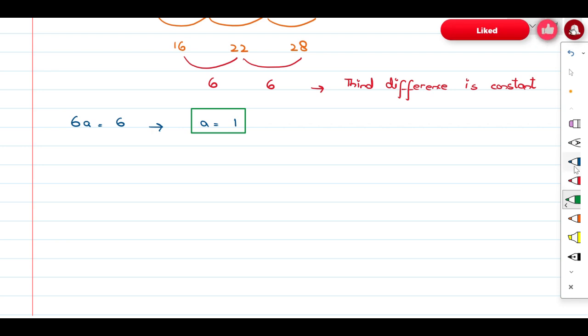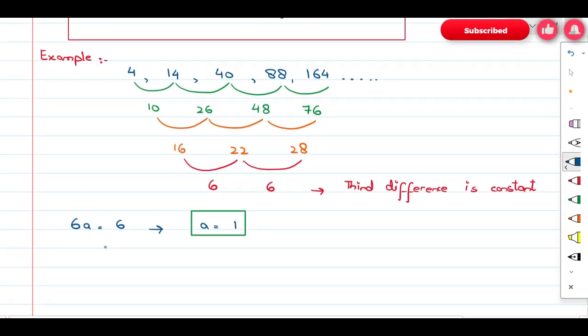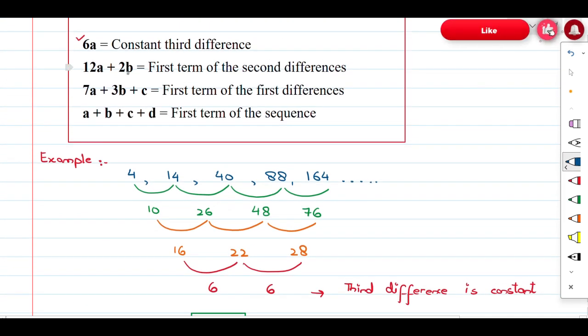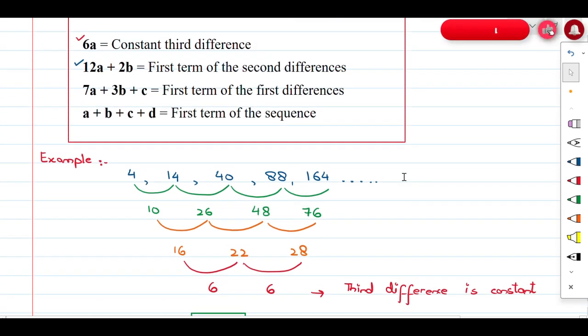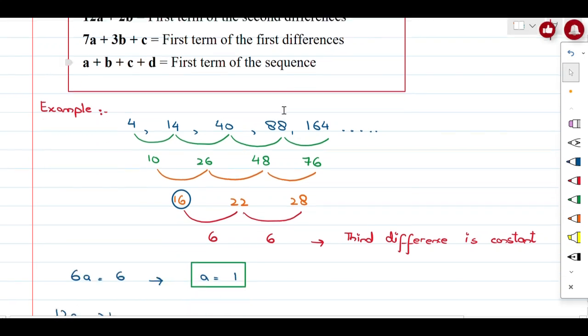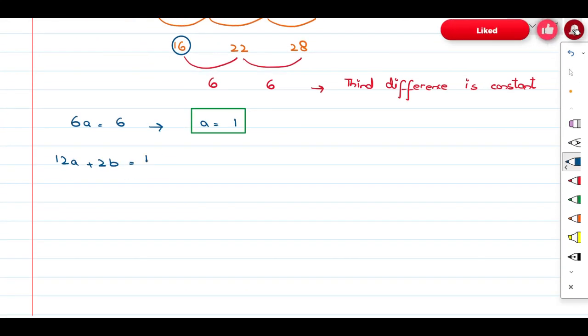All right. Now the second equation says 12a plus 2b is the first term of the second difference, right? That is equal to 16.